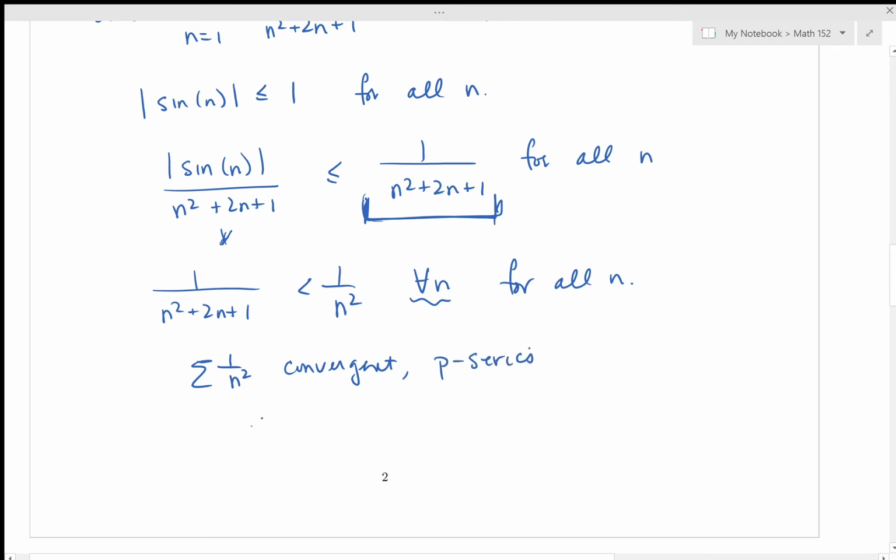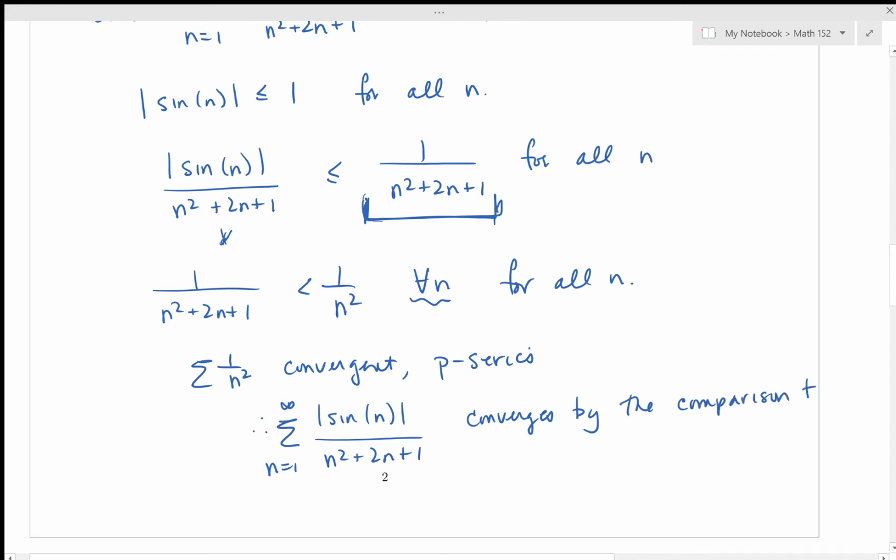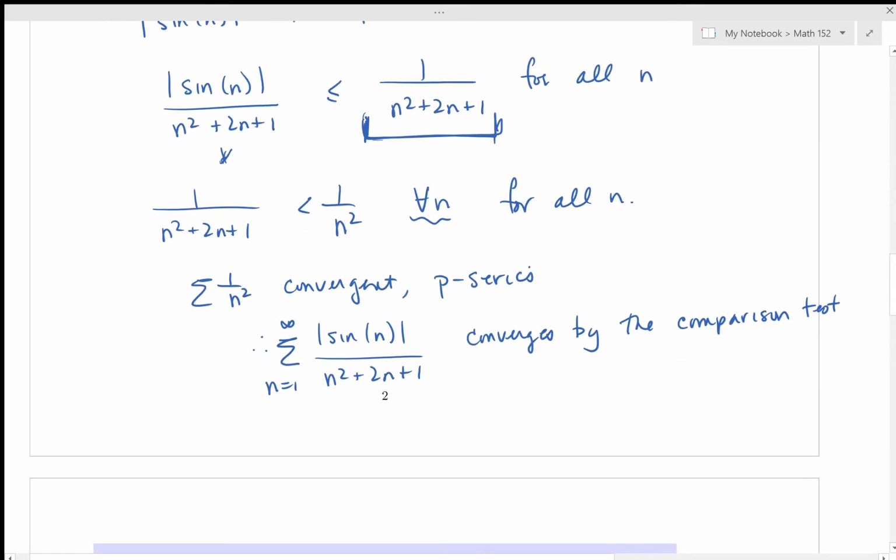Therefore this thing converges by the comparison test. And that means that it's absolutely convergent.